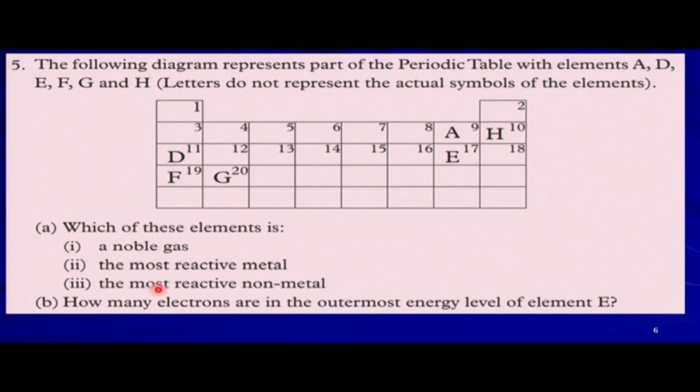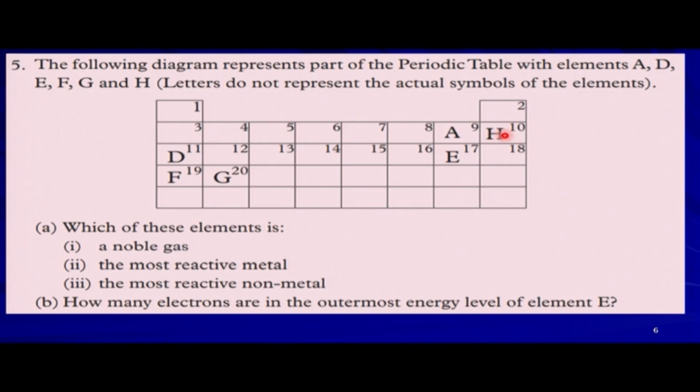And 3, the most reactive nonmetal. The nonmetals we have are 3: A, E, and H. But the noble gases, we consider them to be unreactive because they have complete outermost shells.